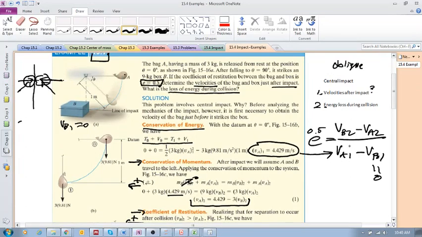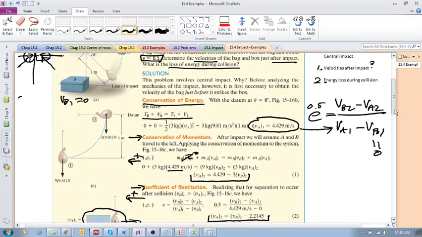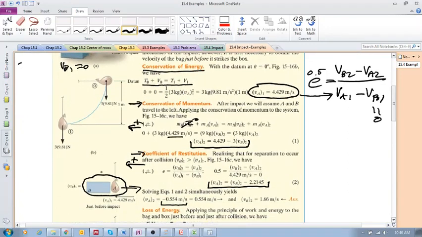When will it not rebound? When will there be no rebounding? Only when e is 0, right? Then our restitution impulse is 0. But if it's 0.5, then it has to rebound somewhat, and in this case it rebounds and moves to the right.